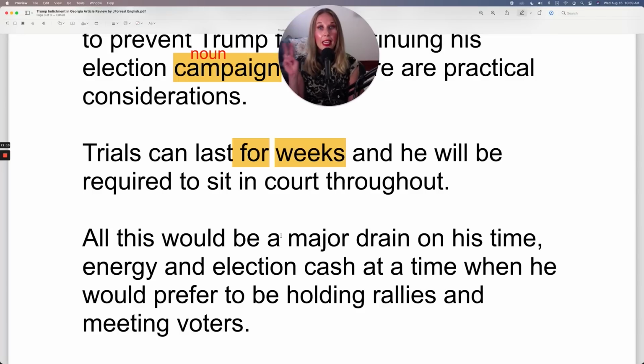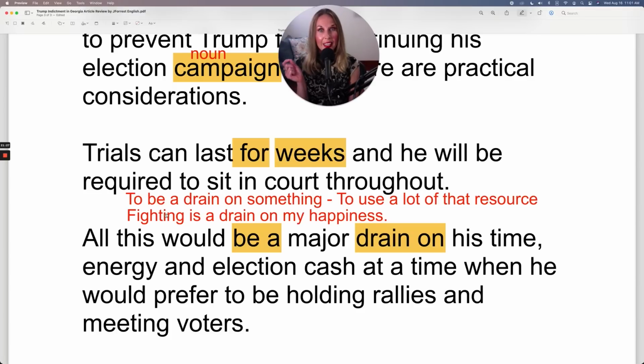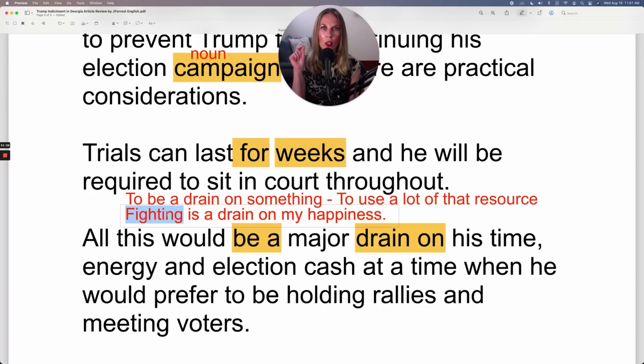If something is a drain on something else, it means it uses a lot of that resource. For example, fighting is a drain on. To be, because this is a gerund statement. So gerunds are conjugated as it. It is, fighting is a drain on something else. My happiness. And that's why I try to never do it.